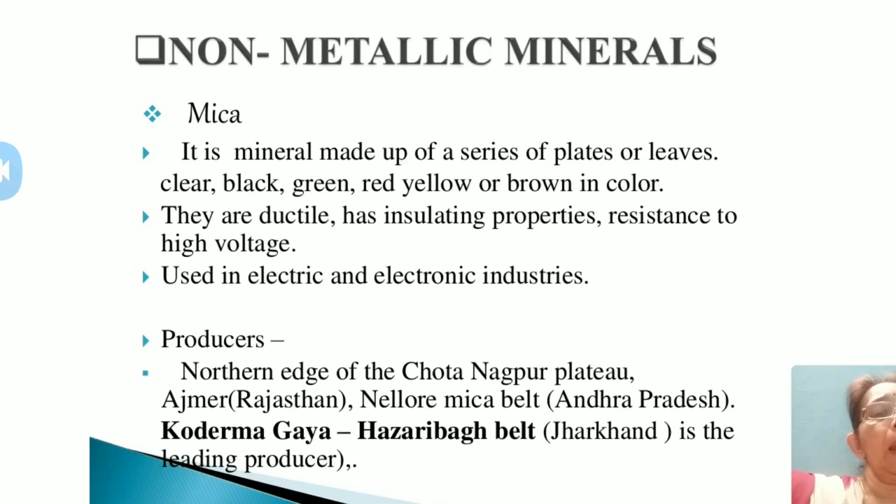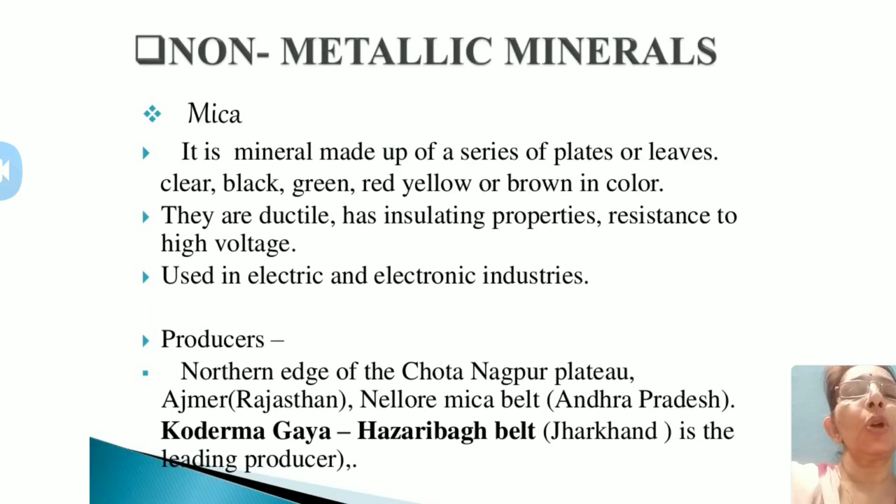Non-metallic minerals, mica. It is a mineral made up of a series of plates and leaves, black, green, red, yellow and brown in color. It has dielectric and insulating properties, resistant to high voltage, majorly used in electrical and electronic industries.